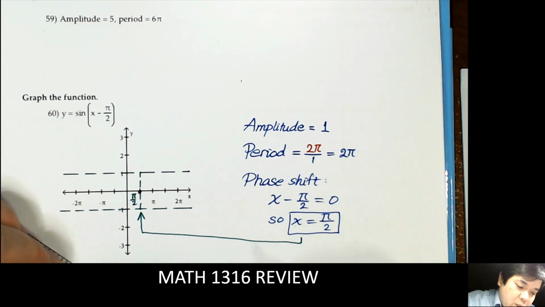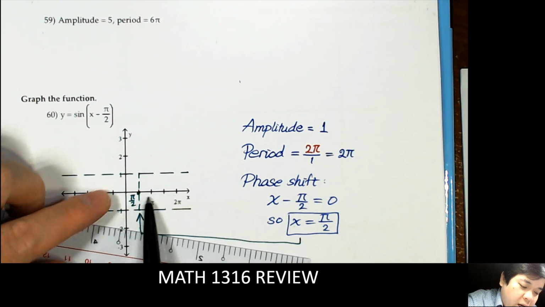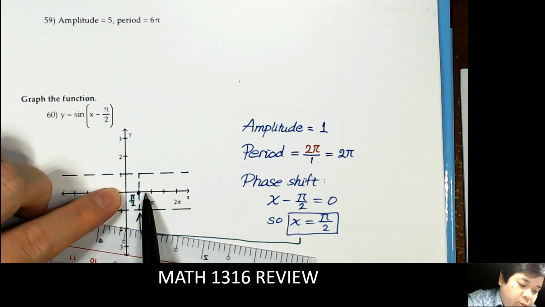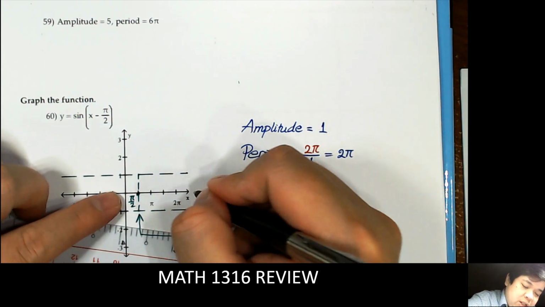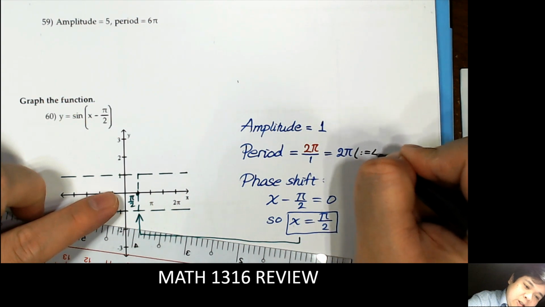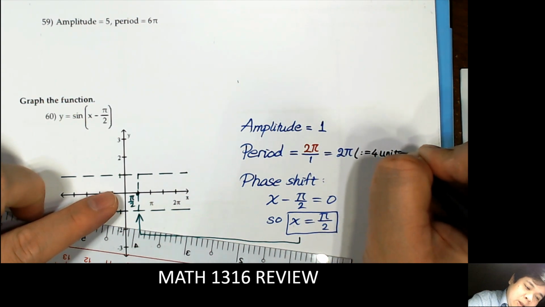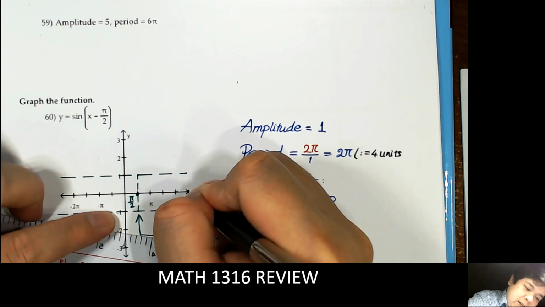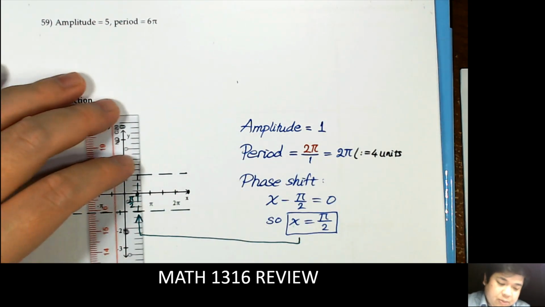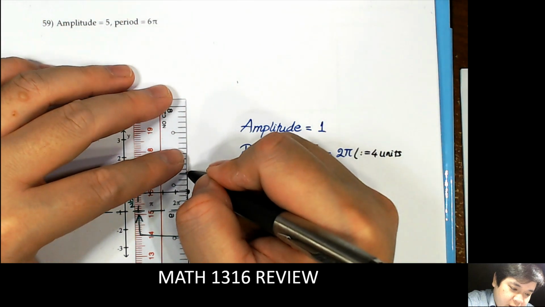Right. So it looks like 2 pi is 1, 2, 3, and 4 ticks. So 4 ticks or 4 units is 2 pi. So we need to go 1, 2, 3, let's say 4. That will be 1 period.